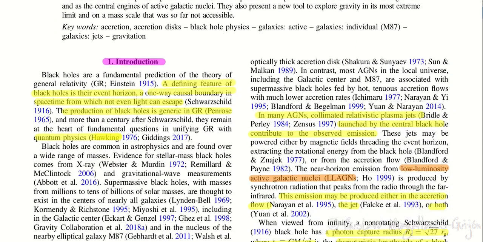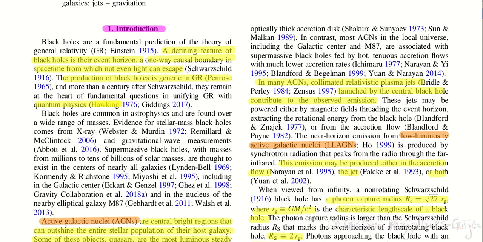In the introduction, the authors explain what a black hole is. They tell us that this kind of object is a fundamental prediction of the theory of general relativity, predicted by Albert Einstein in 1915, and this object has an event horizon.